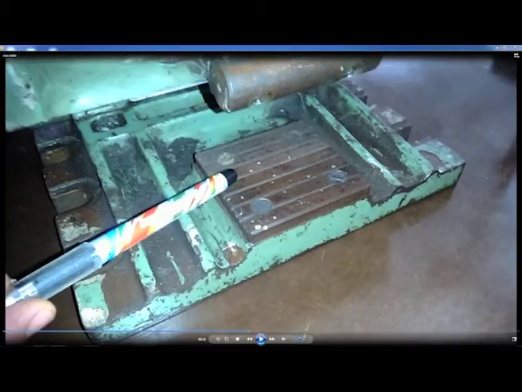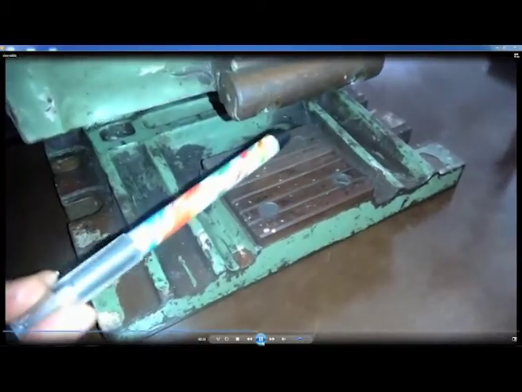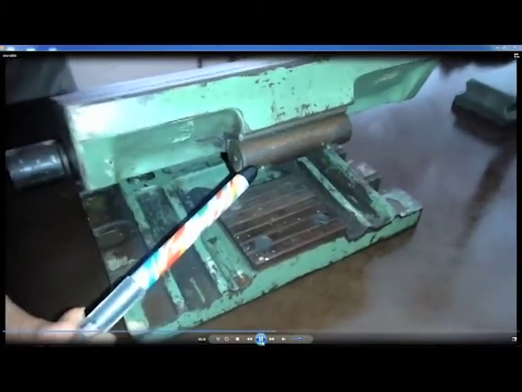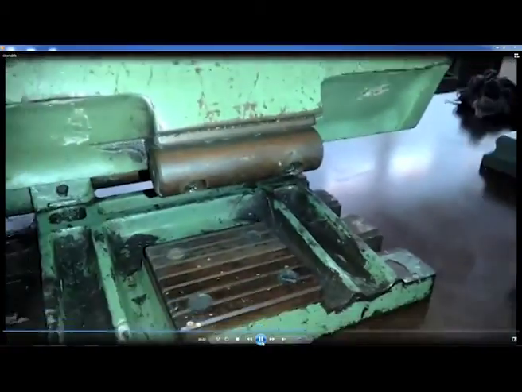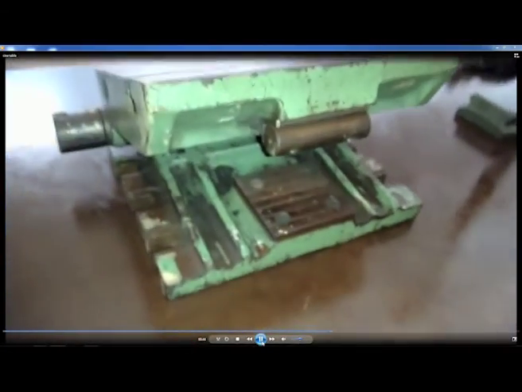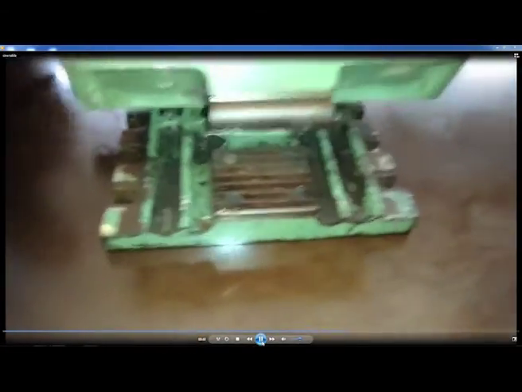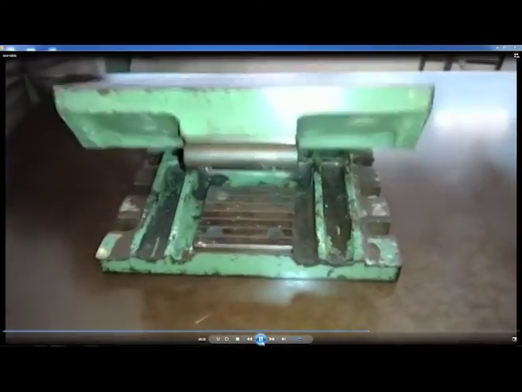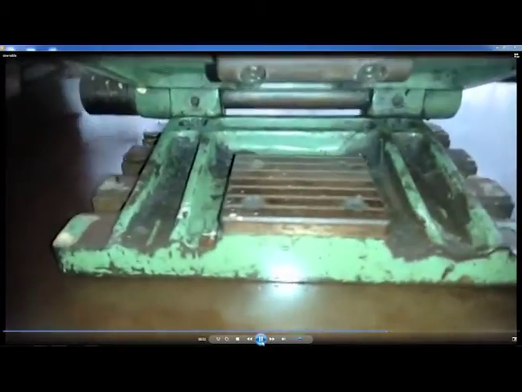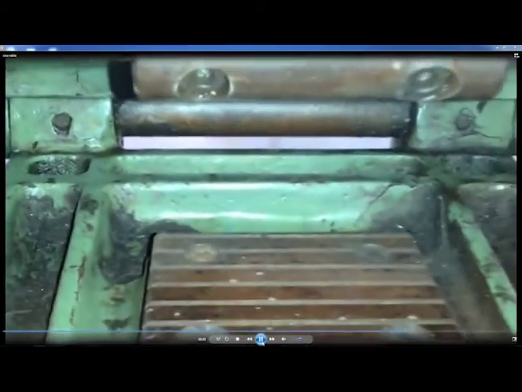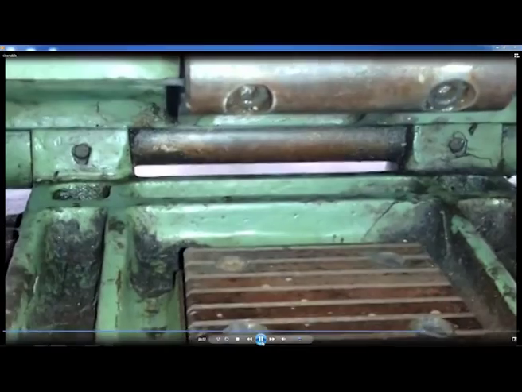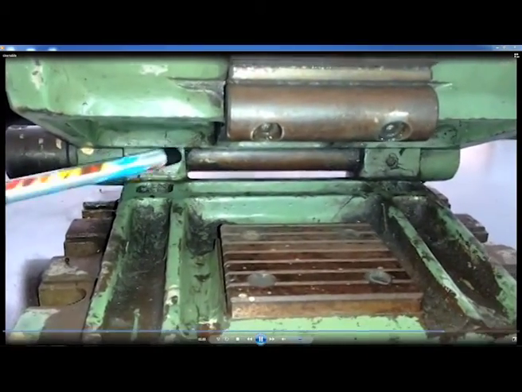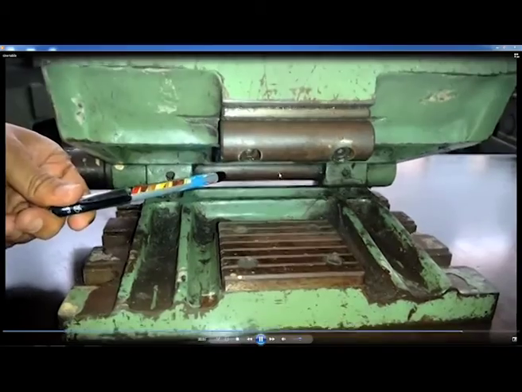So, between the roller and this surface we should keep the slip gauges. Now, we can also see the pivot roller.